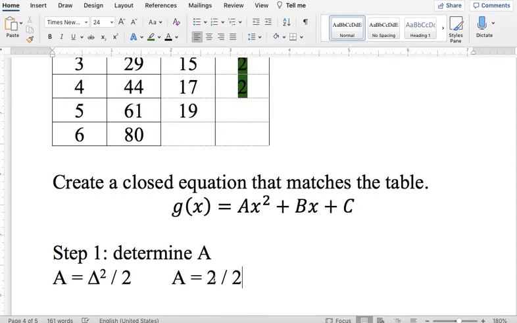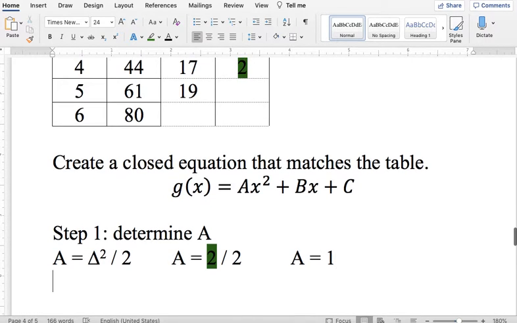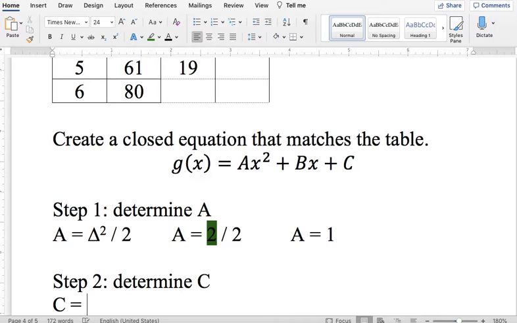So I shall divide that by 2. And once again, this 2 is from right there. And obviously 2 divided by 2 is 1. There you go. I've figured out my a. Step 2. Determine my c. And once again, my c is my y value when x is equal to 0.